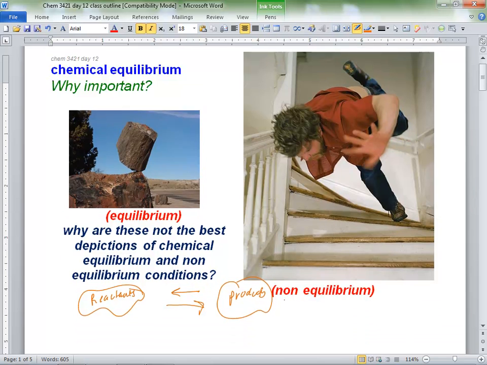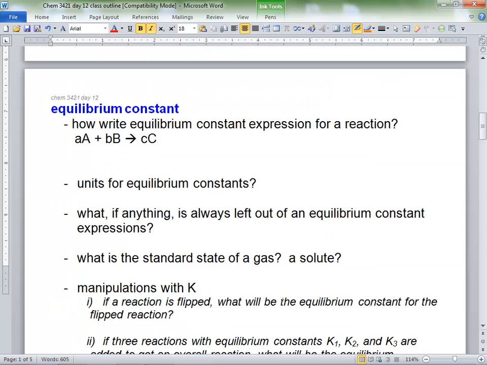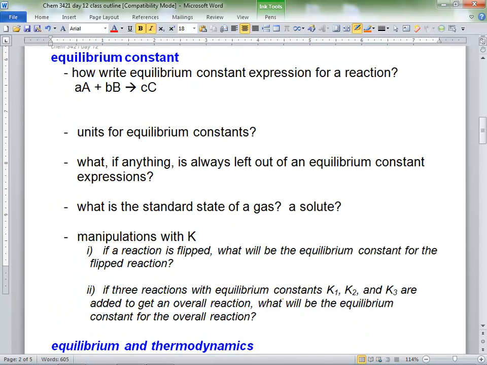Okay. And equilibrium constants. We've got a reaction, and the small case letters are the stoichiometric coefficients. Remember that term, Marlena? Stoichiometric coefficients, right? Marlena, how would you write the equilibrium constant expression? What is our equilibrium constant?